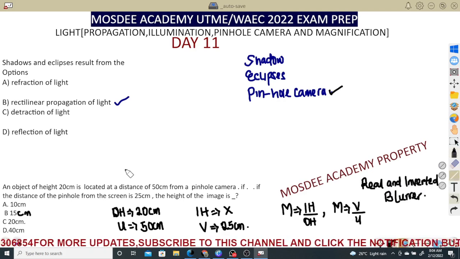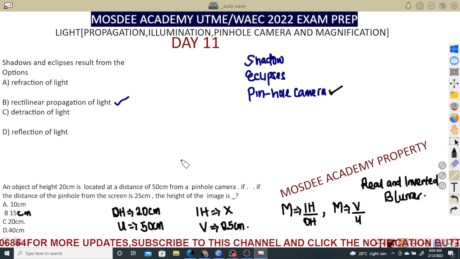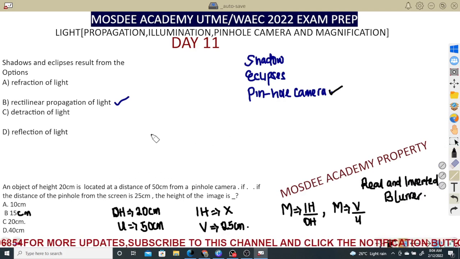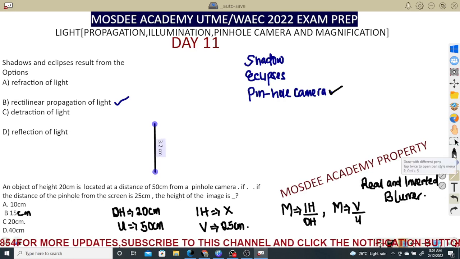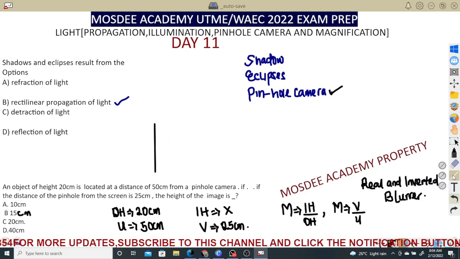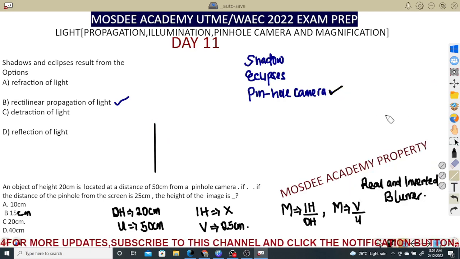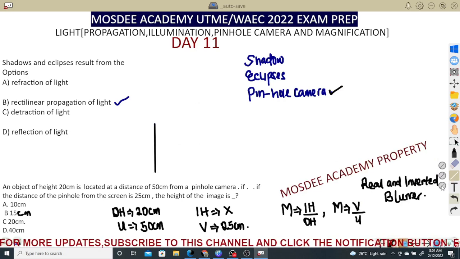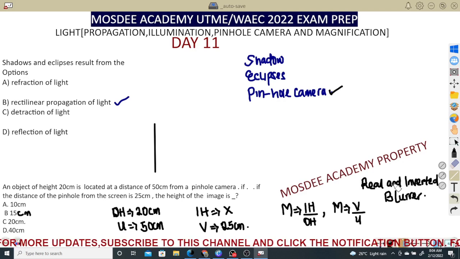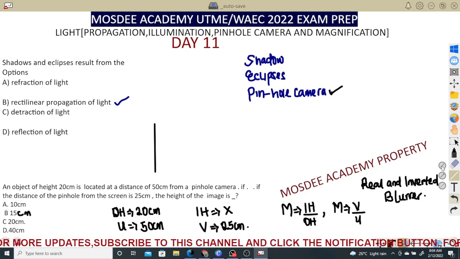It's just a very, very small hole through which a light ray is projected. You can just say a light ray was incident. I just want to do a very quick illustration. If this is the light, then it was incident and passed through a pinhole. Let me use this.